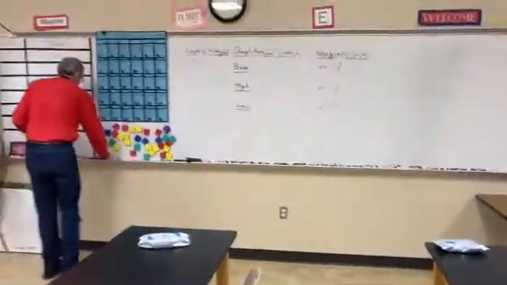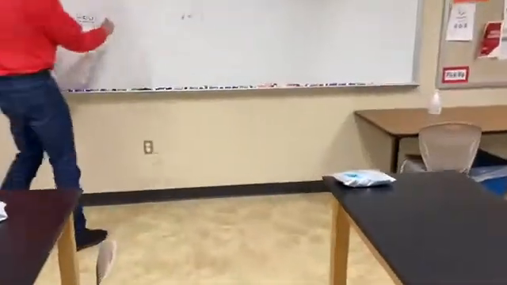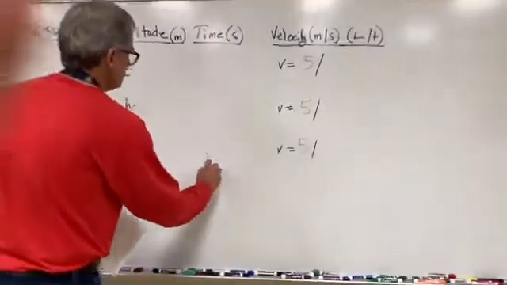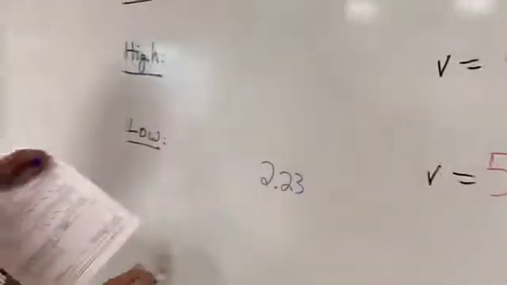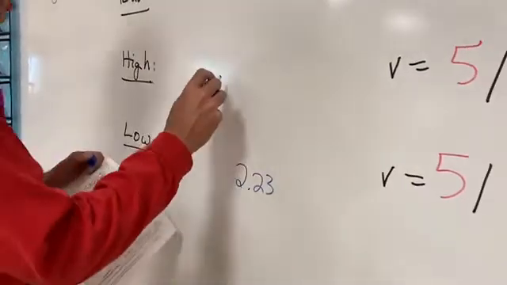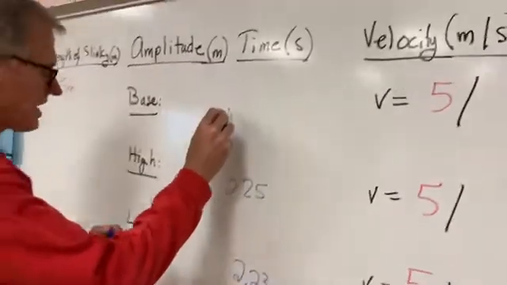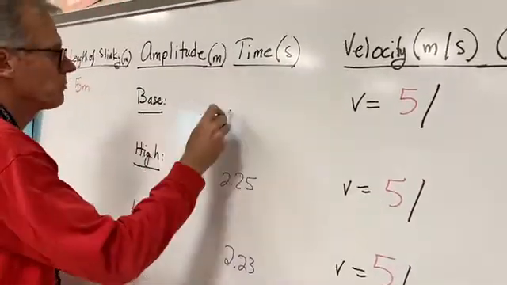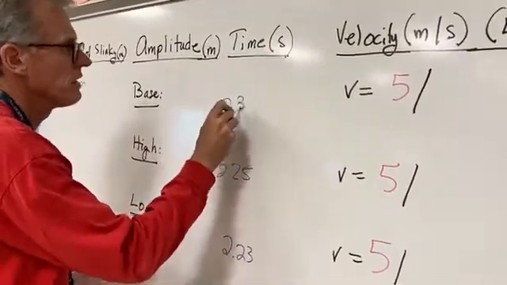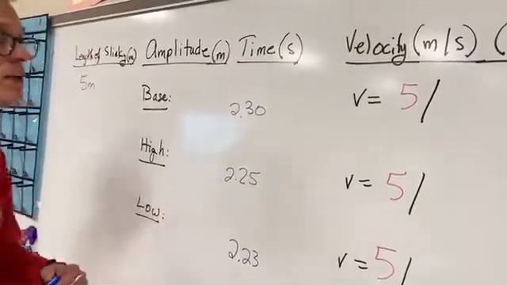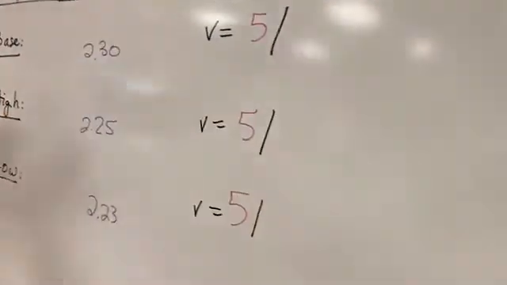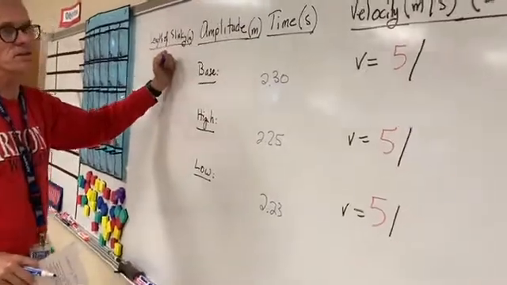Now, 2.23. Okay, so let me write those down. The low one, the time was 2.23 seconds. The high one was 2.25 seconds. And the base case, the medium amplitude, was 2.30 seconds. The length of the slinky is 5 meters in every case.